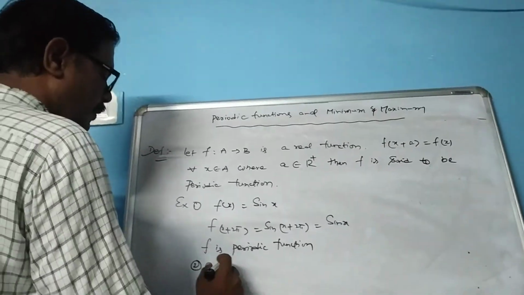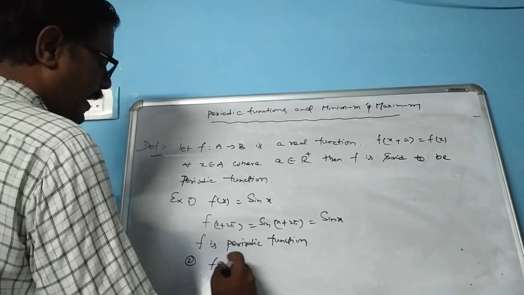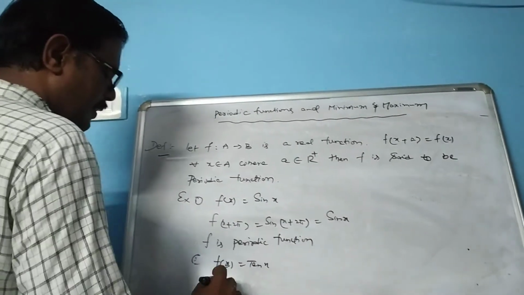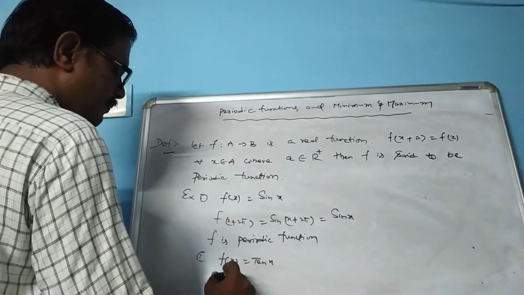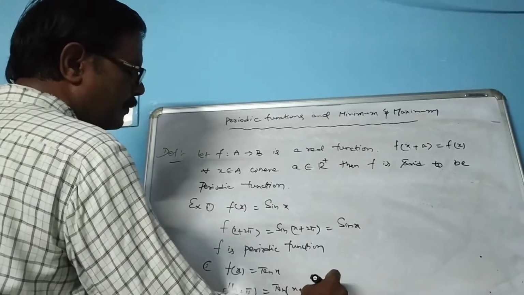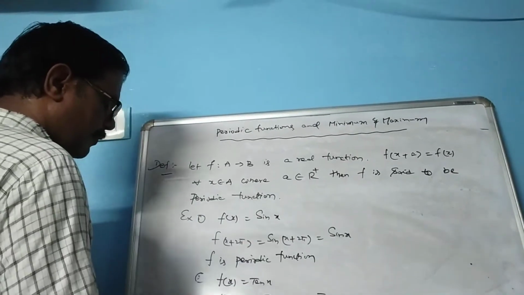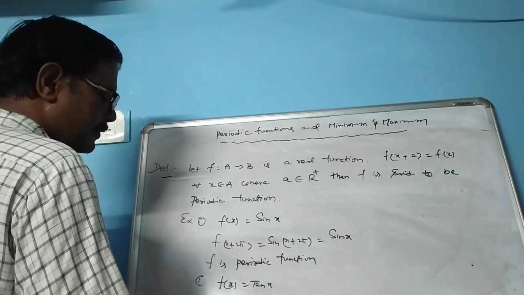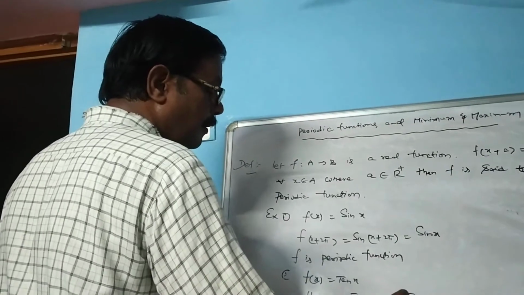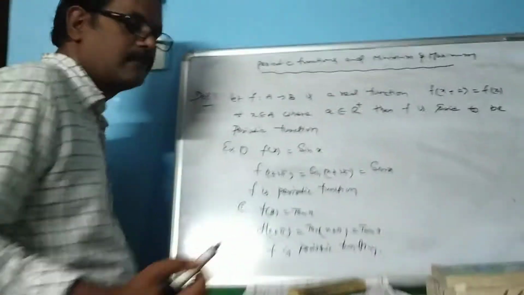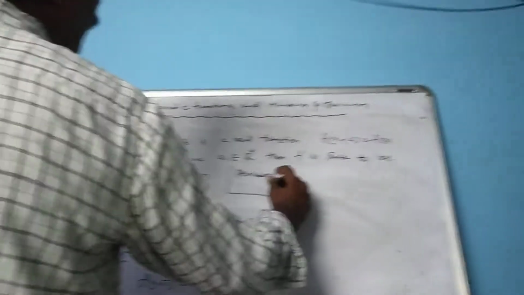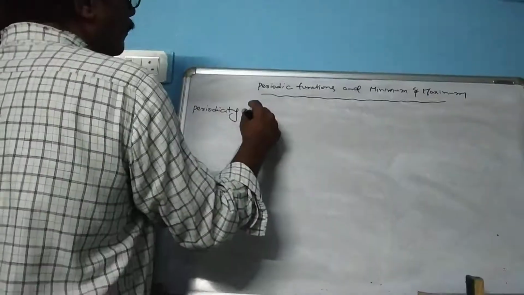Similarly, f of x is equal to tan x. f of x plus pi is equal to tan of x plus pi, which is equal to tan x. Therefore, f is a periodic function. This is a definition.